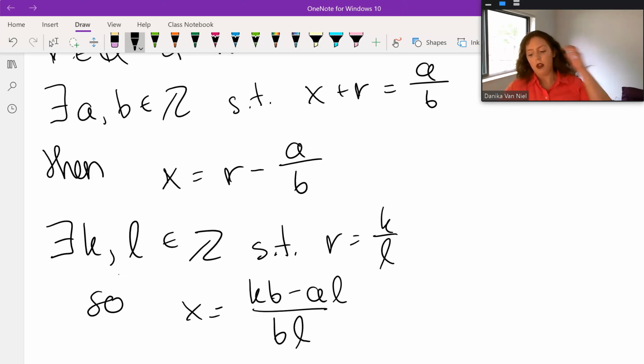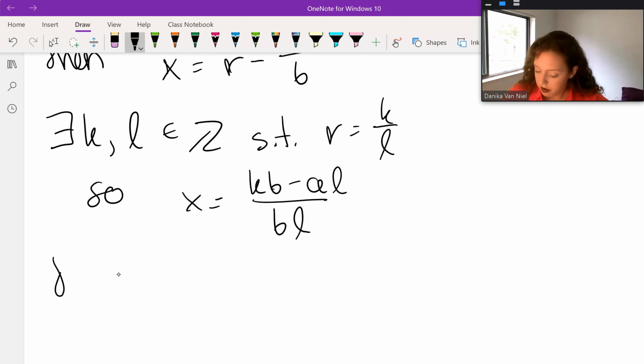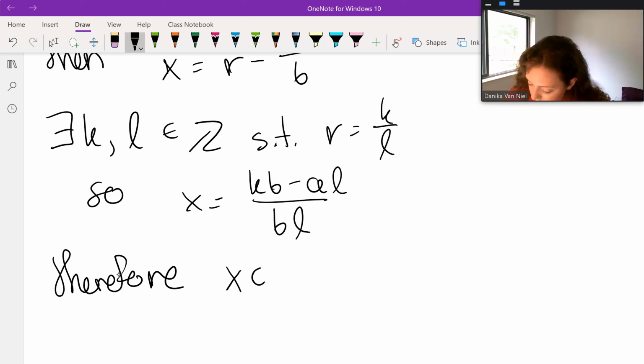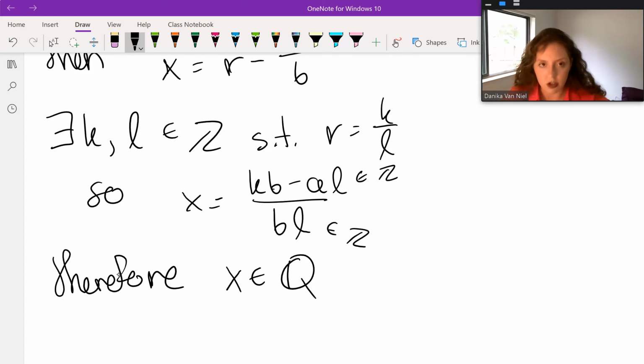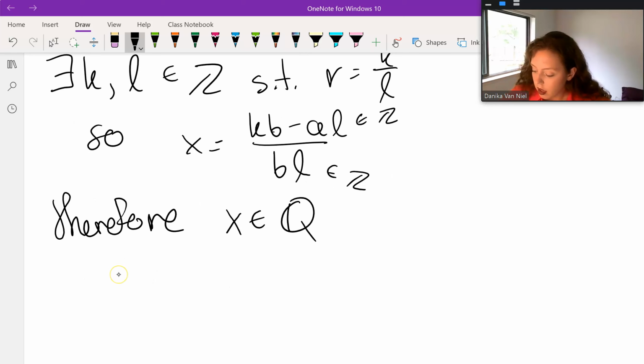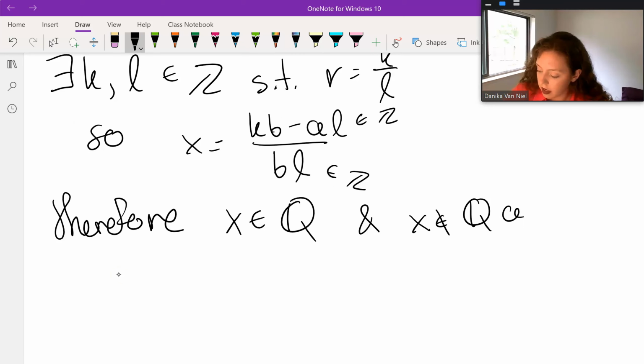So x equals that thing. Therefore, x is a ratio whose numerator and denominator are in the integers. But I'm not going to say that k, b, a, l are in the integers again because that's already part of my proof. And x is not in the rationals as assumed.